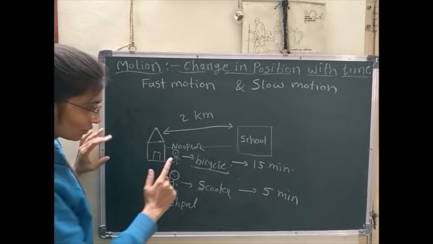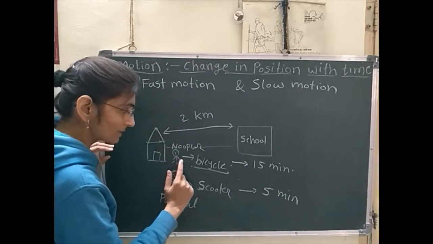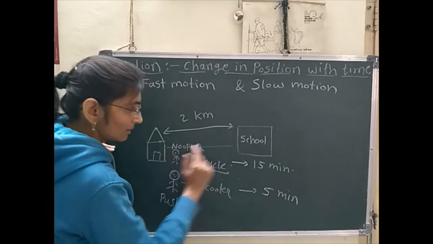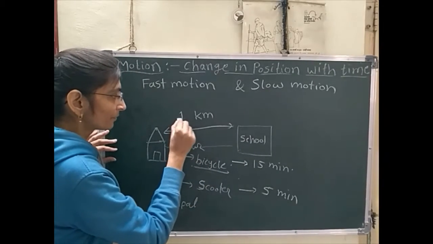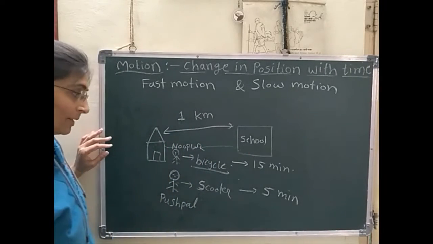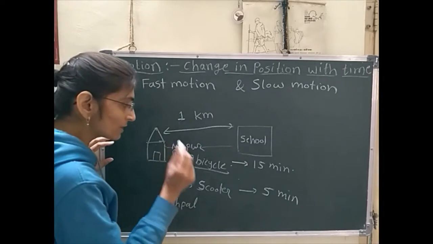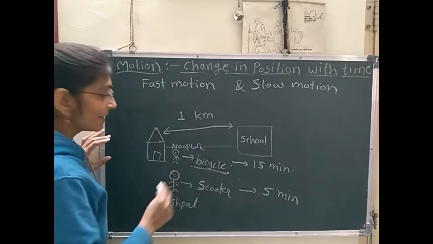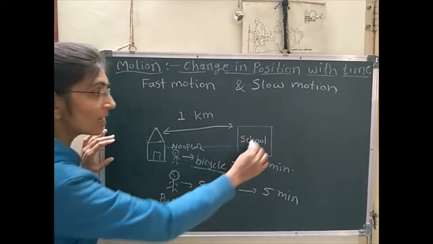At first, Nupur is traveling by bicycle to the school, and suppose the distance from home to school is 1 kilometer. Nupur travels by bicycle and reaches the school after 15 minutes.